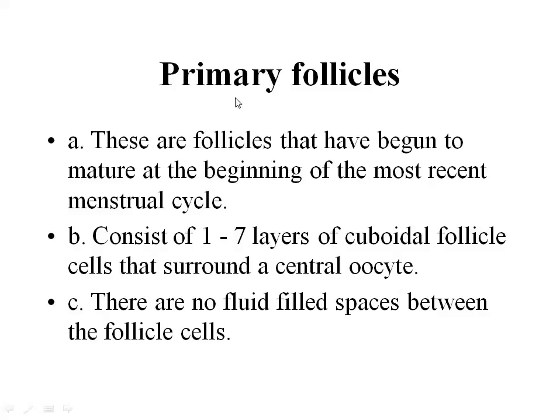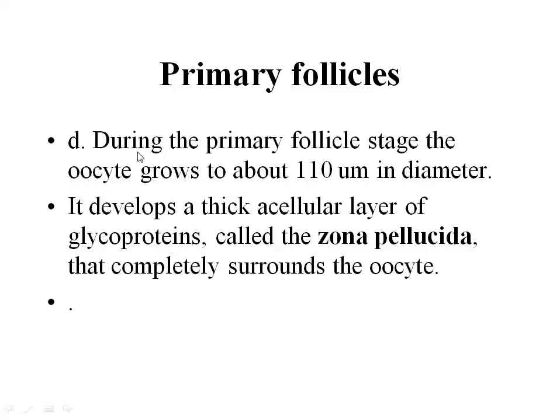So in the primary follicle state, the hollow portion around the oocyte and the follicular cells is empty. During the primary follicle stage, the oocyte grows to about 110 micrometers in diameter. It develops a thick acellular layer of glycoprotein called the zona pellucida that completely surrounds the oocyte.